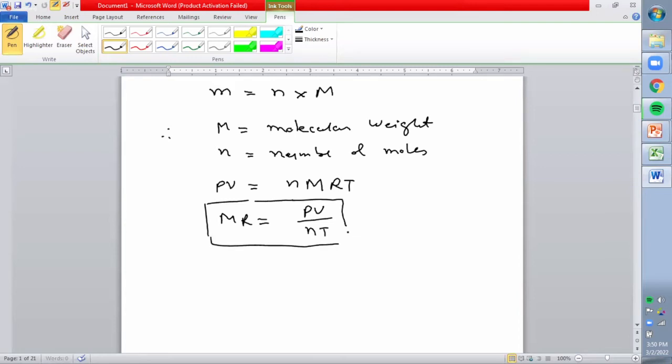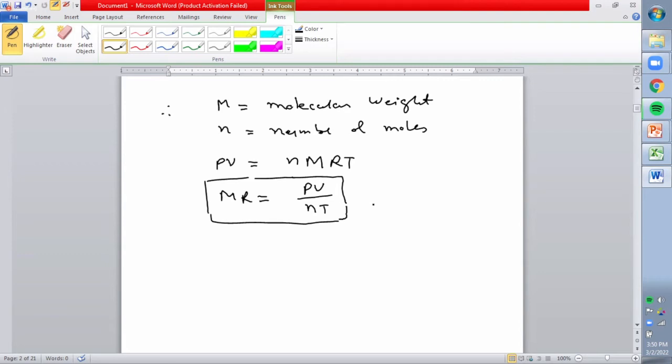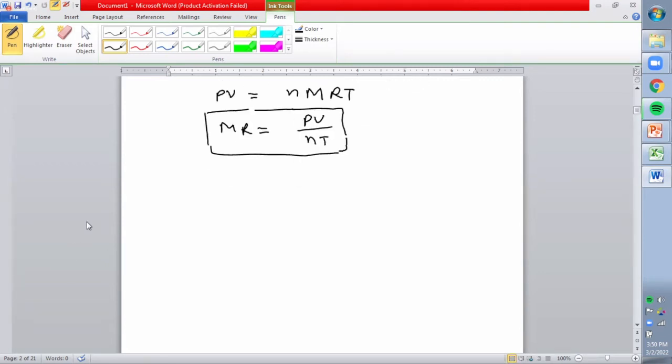Few times they asked in the examination prior to lockdown to prove that MR is equal to PV by nT. Sir, there is a difference between ideal gas and perfect gas.